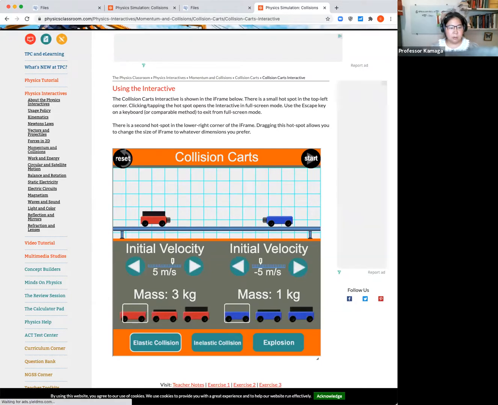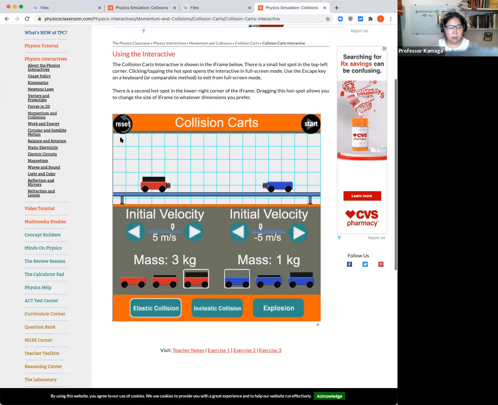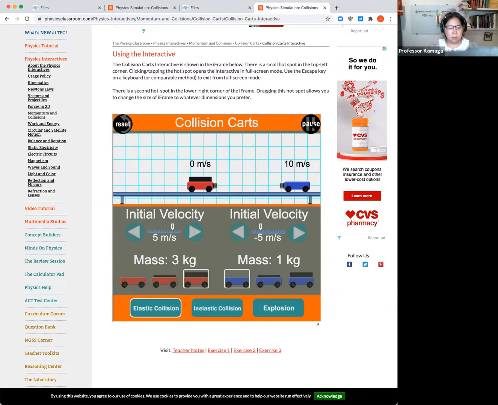We could also choose something like 3 kilogram, 1 kilogram, or 2 kilogram, 1 kilogram.